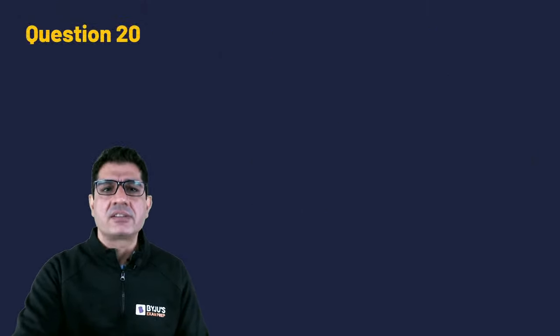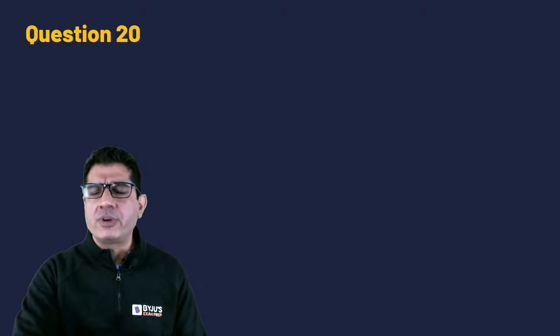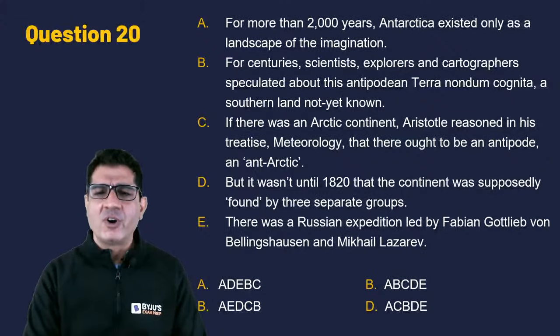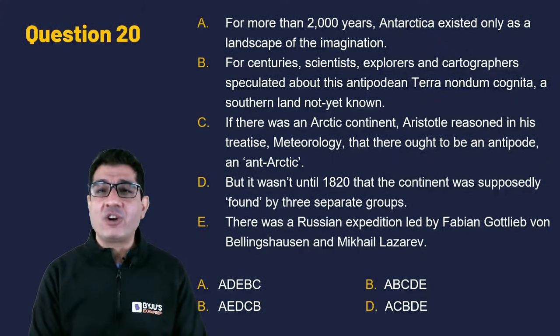So here is a parajumble for you. In the exam, you typically get 2 of them. I've brought in 1. So what's your answer? A, B, C, or D? Go ahead and tell me.